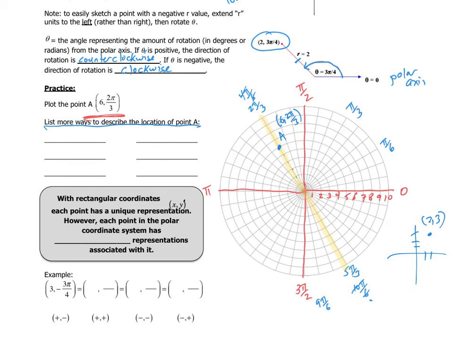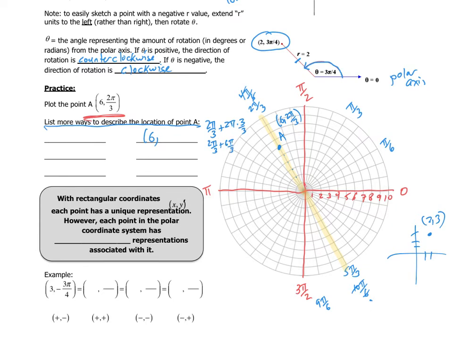Okay, so we plotted point A, 6, 2 pi over 3. How else could we name this? Well, we could name it by getting a coterminal angle. For example, if we take 2 pi over 3 and we add a full rotation, that will leave us in the same location. I'm going to get a common denominator by multiplying by 3 over 3.